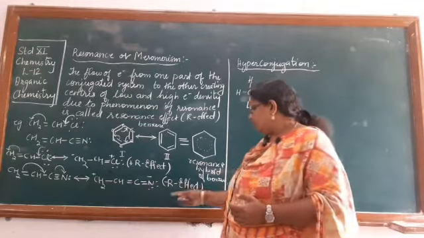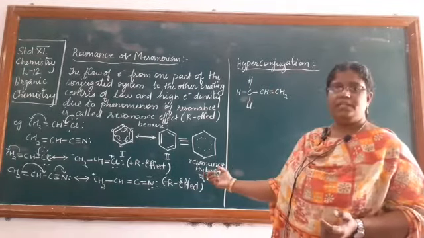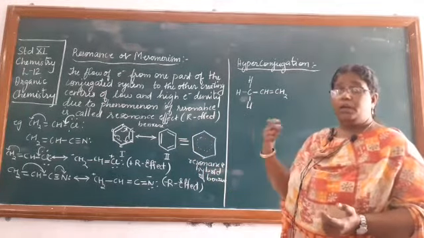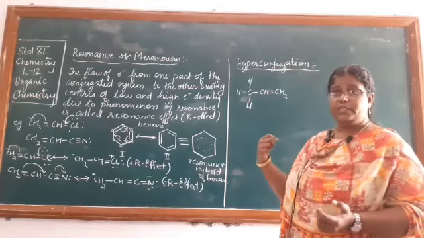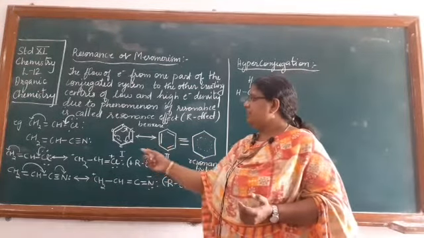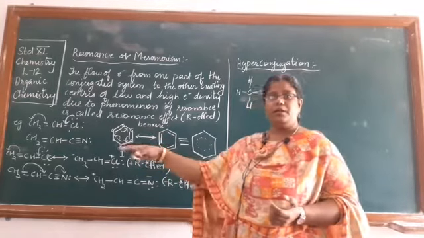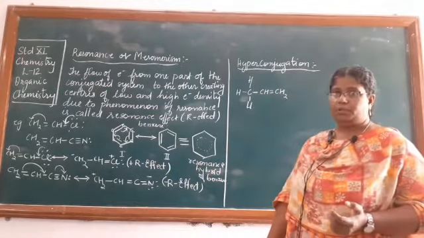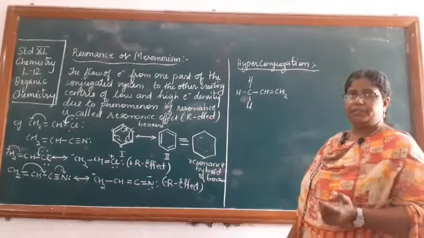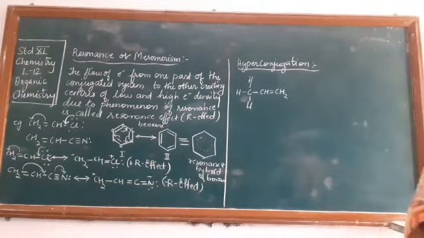So when we say minus R effect, these are groups which take the electrons towards themselves from the double bond, while positive R effect is for those groups which donate electrons towards the double bond. So that is your positive R effect. Clear, everyone? Okay.